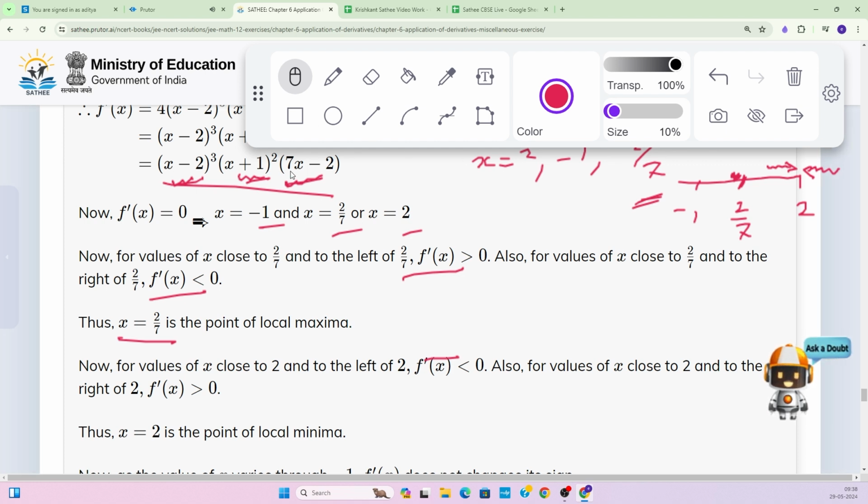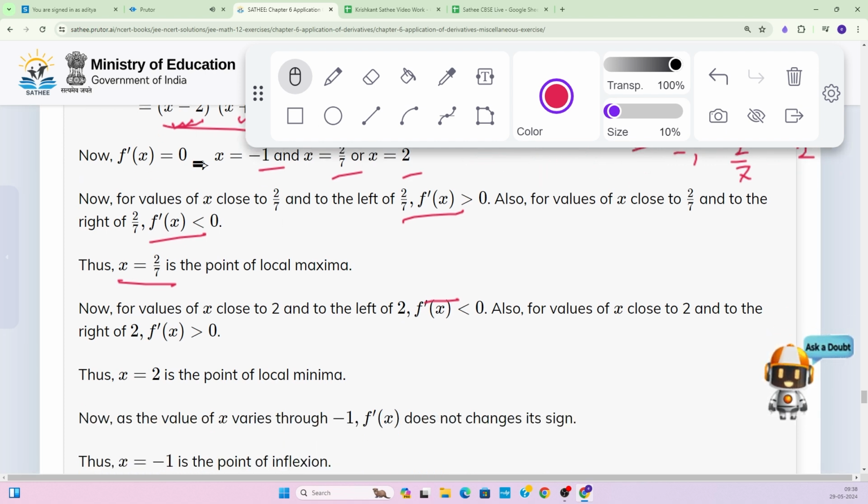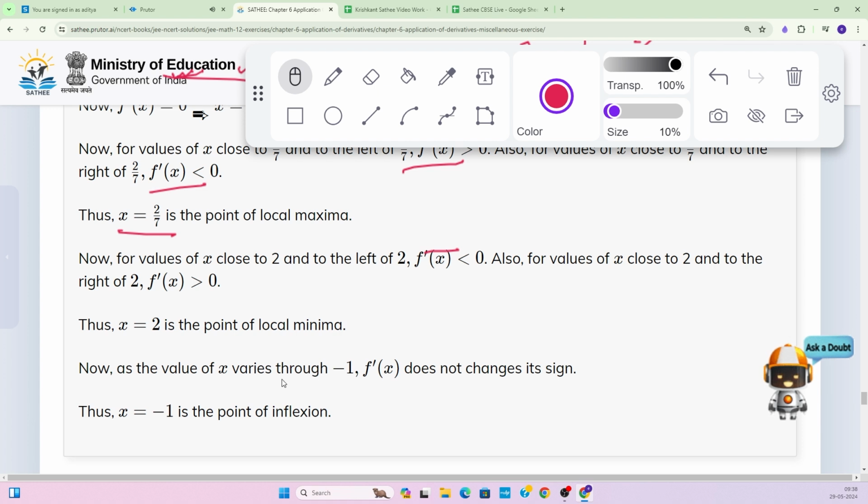This will be also negative, this will be also negative, so positive. So as the value of x varies through minus 1, f prime x does not change its sign, as you just saw. So this means inflection point. So x equals minus 1 is my inflection point. Clear? I hope it is clear to you.